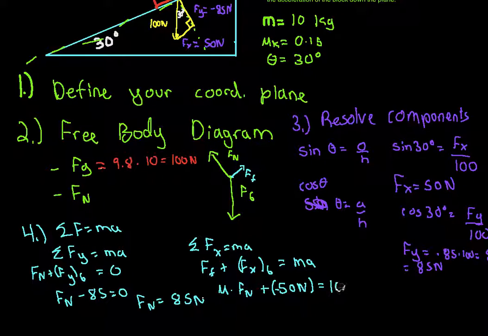And that's going to equal the mass times the acceleration. The mass of the box was 10, and the acceleration is what we're solving for. Now, we said earlier the mu value was 0.15, so this becomes 0.15 times the normal force, which is 85 newtons, minus 50 is equal to 10a. And what I'm going to do is bring that 10 over here so I can isolate the a variable. So 0.15 times 85, let's see, what is that?